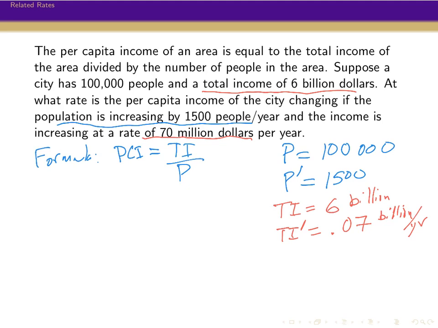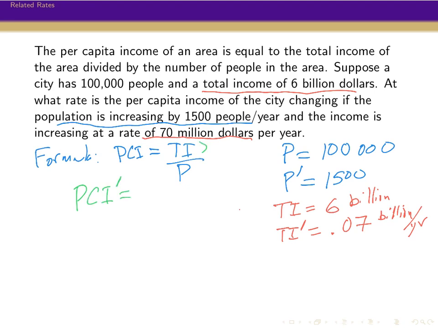So we've got population, we've got total income, we have our formula. We're trying to find how the per capita income is changing, so we need to take the derivative of this whole thing. On the left-hand side, it's just going to be the derivative of per capita income.